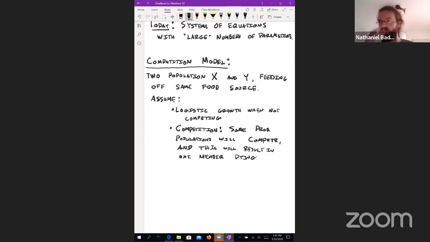And so then how do we write down our equations? Well, x prime is going to be equal to, there's going to be a birth rate and a death rate. Let me just write the whole thing down. I think we're familiar enough at this point with these kinds of equations.